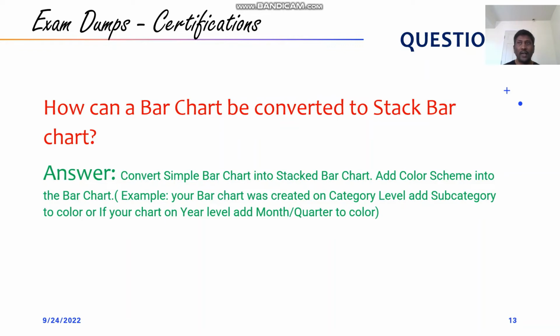If you would like to add a stacked bar chart, add subcategory into the colors level. Then automatically your bar chart will be converted into a stacked bar chart with multiple subcategories performed across that month or quarter of the year.